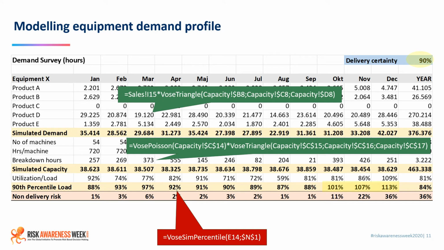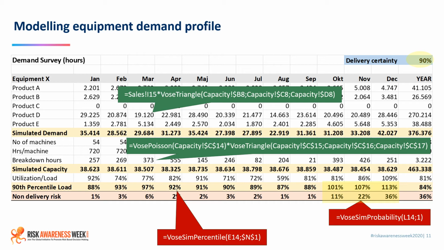And this is important because now when you look at the fourth quarter, there's 101, 107, 113% capacity load as a 90th percentile, which means that we will not be able to meet a 90% certainty of delivery. We can also look at the non-delivery risk, meaning we will not be able to deliver whatsoever.